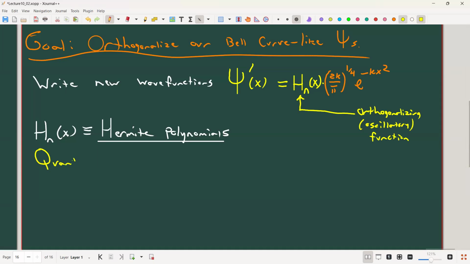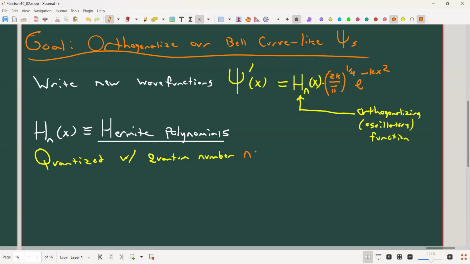They're quantized with quantum number n. Actually, I'm going to name that something different later. I apologize, that's really bad labeling for me.